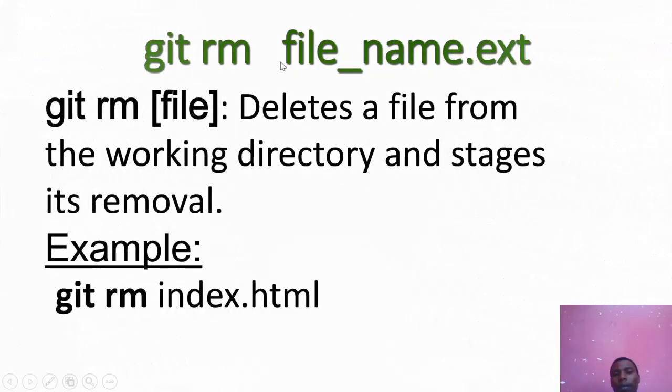Git rm file name.extension deletes a file from the working directory and stages the removal. So this is done for removing a file from the working space.